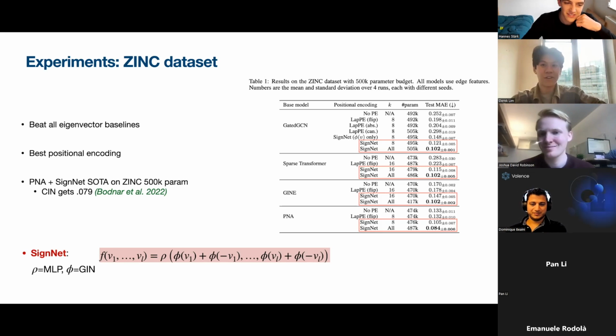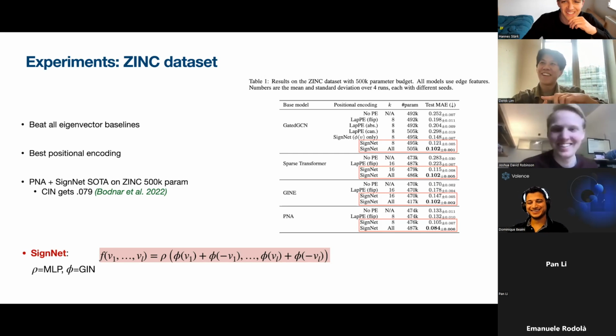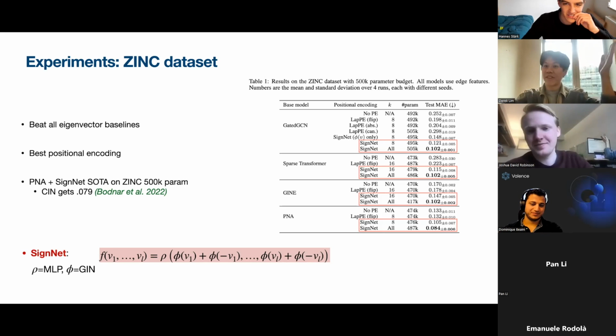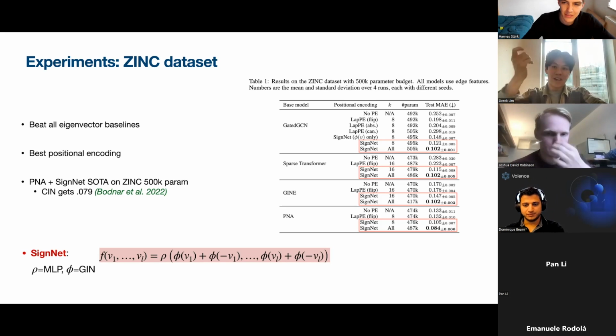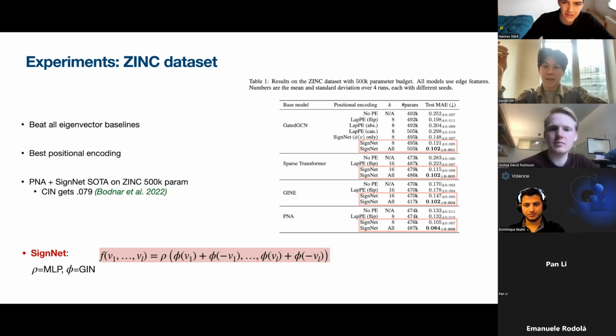And now, Derek, we have some really nice results. Yeah, and we are good at doing whatever Dominique just said. In our table, we have SignNet, and we also have all these eigenvector baselines, and we beat all of them. What I mean is, you could feed in the eigenvectors and flip the signs randomly, as a lot of people have done in the past with data augmentation, or you can take the absolute value of the eigenvectors, as Hannes asked about earlier, but that kind of sucks.